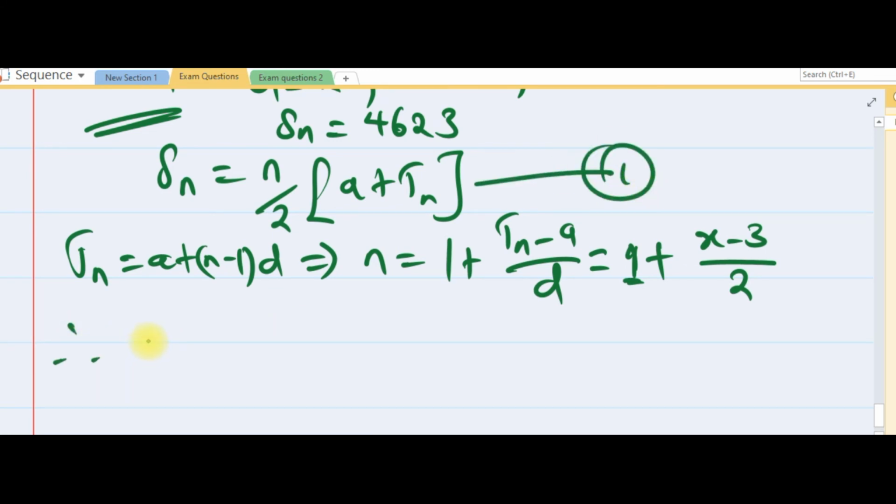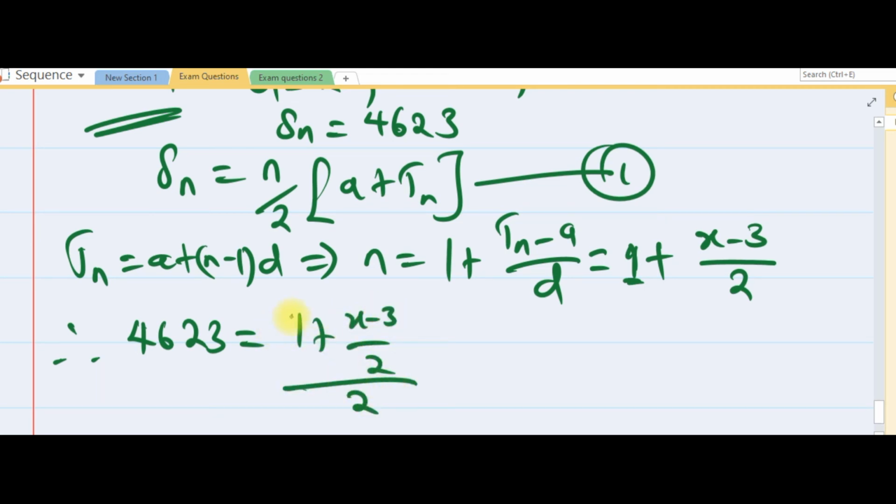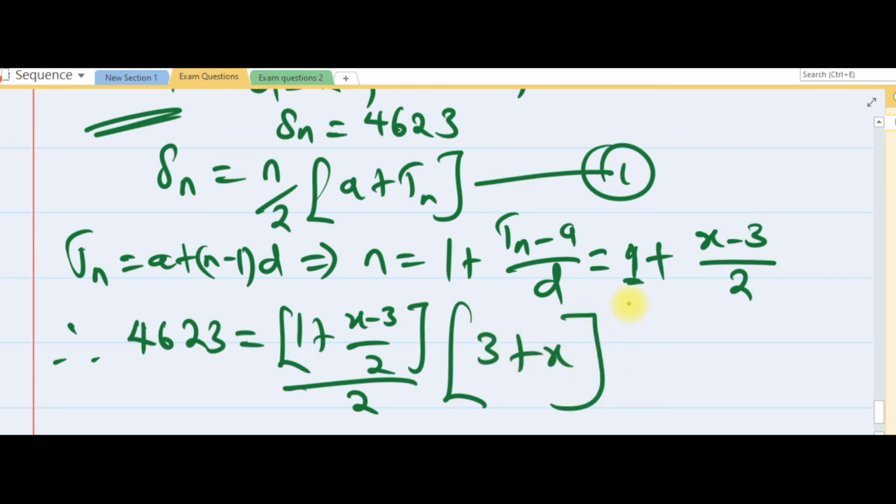Our sum, 4,623, equals n, which is 1 plus x minus 3 over 2, all over 2. Remember, this is for n. Finally, our first term here is 3 and our last term is x. So let's now find the value of x with this equation.